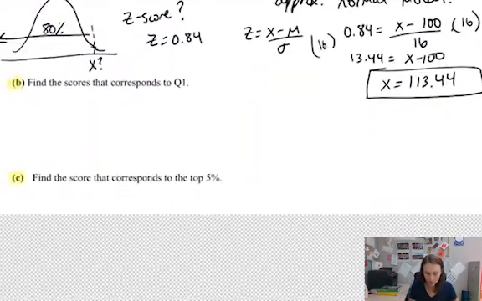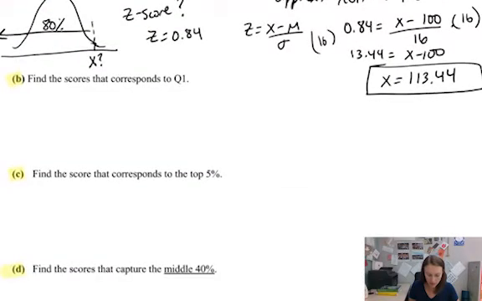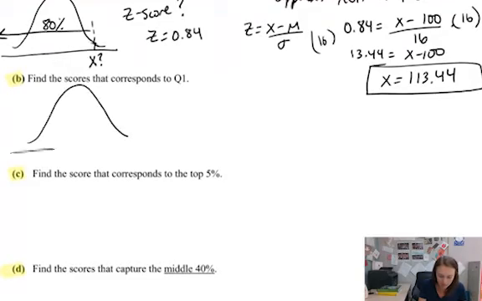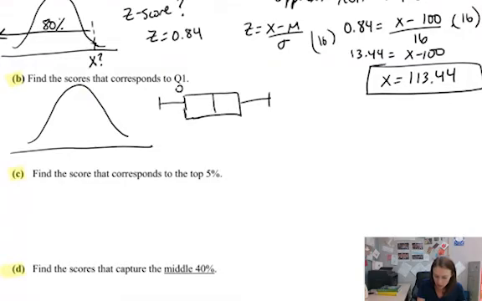All right, I'm going to quickly go over these really fast. I probably won't do all of them. Just really quick, score that corresponds to Q1. So now we're bringing in some information from before. Q1 is the first quartile, which means if we think about our box plots, this is where we saw Q1 here. Q1 is where 25% of the data is below or at Q1.